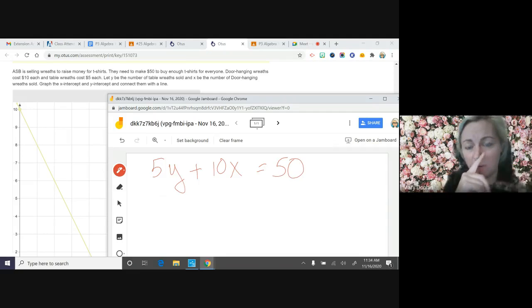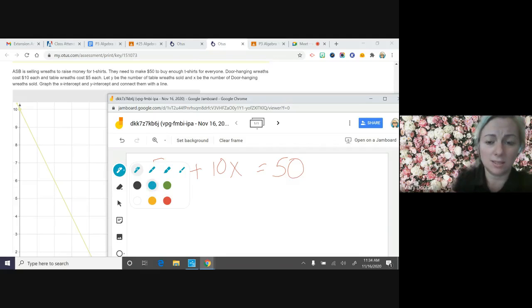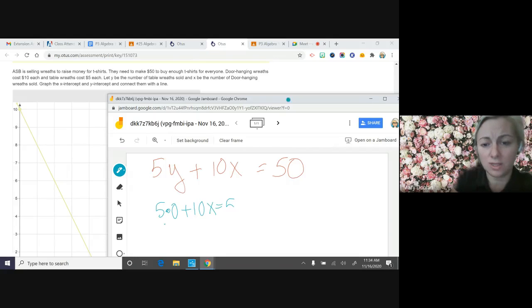So I'm just taking information out of the equation and then getting the x and y intercepts. That's where you take turns setting things equal to 0. If I replace the y with 0, I get 5 times 0 plus 10x equals 50, which is then just 10x equals 50, or x equals 5.